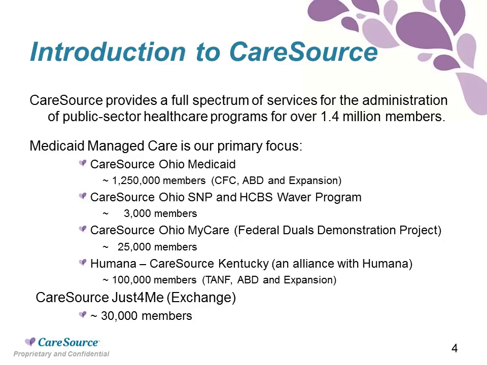We are in an alliance with Humana in the state of Kentucky, where we have the TANF, ABD, and expansion population. That membership is now around 111,000 members, and we are continuing to be involved in Kentucky. And then our Just For Me product, which is on the exchange. We entered onto the exchange last year, beginning in just the state of Ohio.